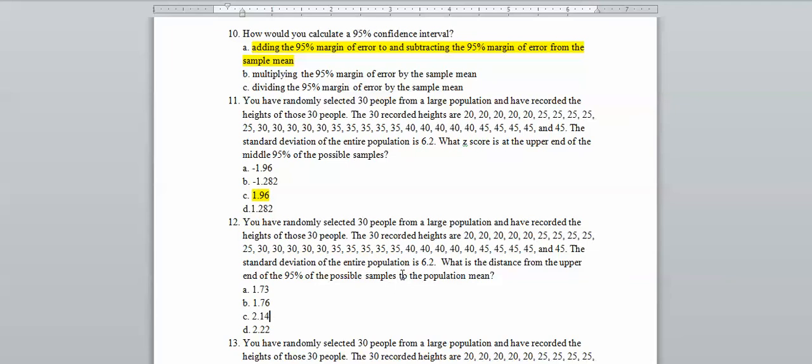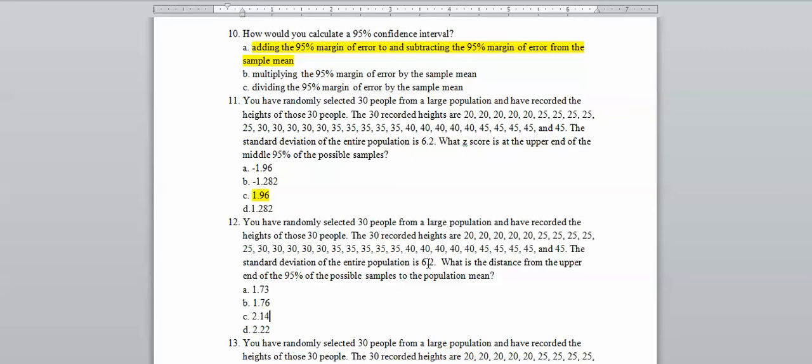To get the margin of error, you would multiply your z-score times, well, I'll show you the formula. I'm telling you that the standard deviation of the population is 6.2. So the population standard deviation is known in this case, because I'm saying that it's known, which means that we have this formula.